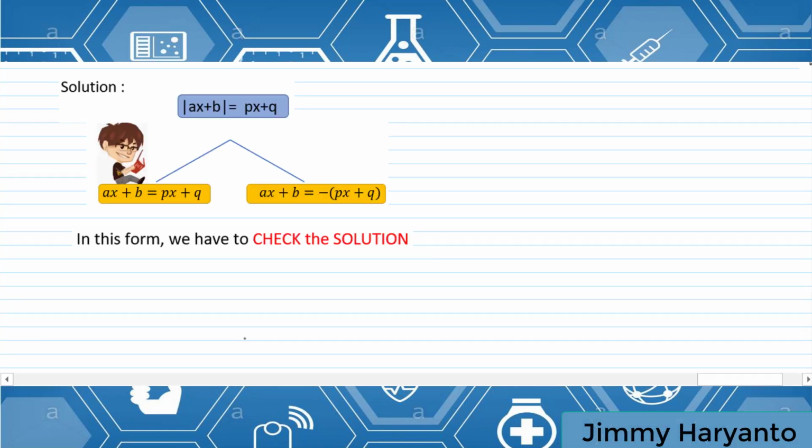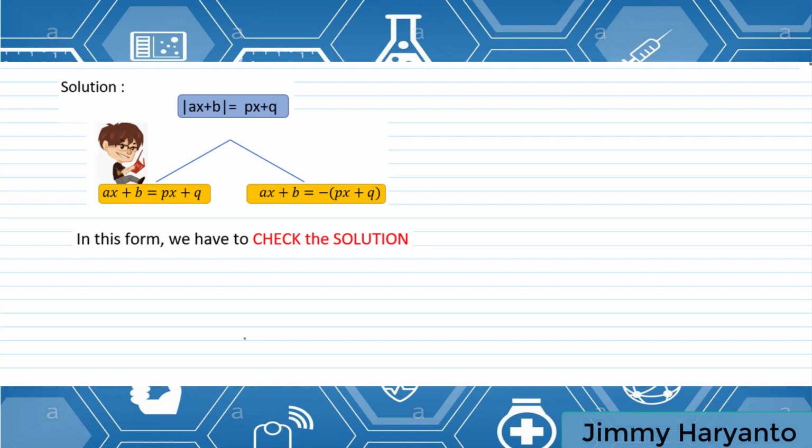The solution is still the same. We have to split them into two. The first is positive and the second is negative. But in this third form, we have to check the solution, because usually we have two solutions, right? For this form, it may be only one because the other is not satisfied.